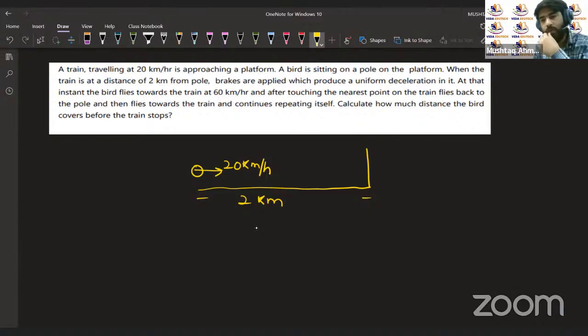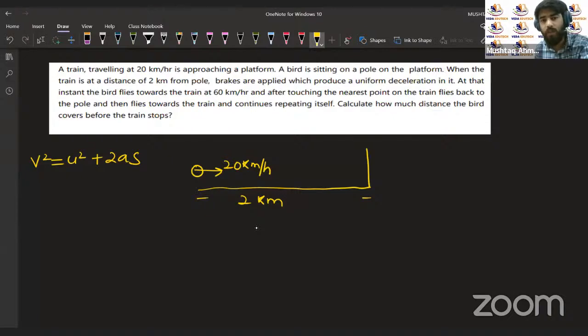So when the train stops, its final velocity will be equal to zero, right? So we can use this equation of motion, that's v square is equal to u square plus 2as. Here s is the displacement, and the displacement when the train stops is 2 km, since it stops just at the pole.